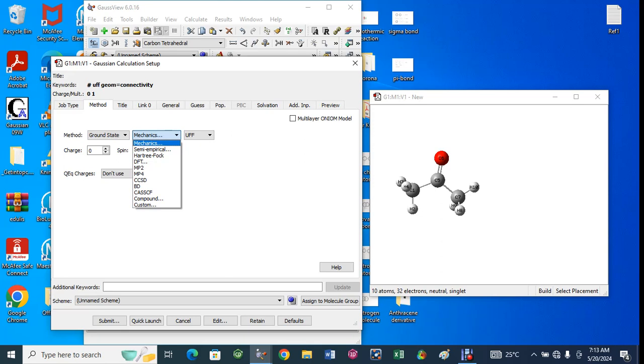We are looking at the nuclei interaction. We are not going to consider the electronic interaction. So in a nutshell, the molecular mechanics approach is very fast compared to other methods that we have here.